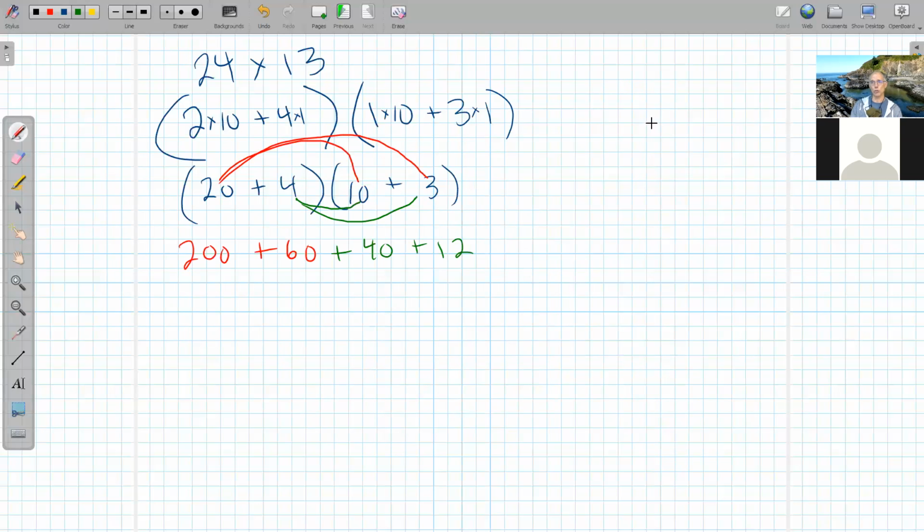I could stack the whole thing. 20 plus 4 times 10 plus 3, and write it out like this just for fun. 3 groups of 4 is 12. 3 groups of 20 is 60. 10 groups of 4 is 40, and 10 groups of 20 is 200.